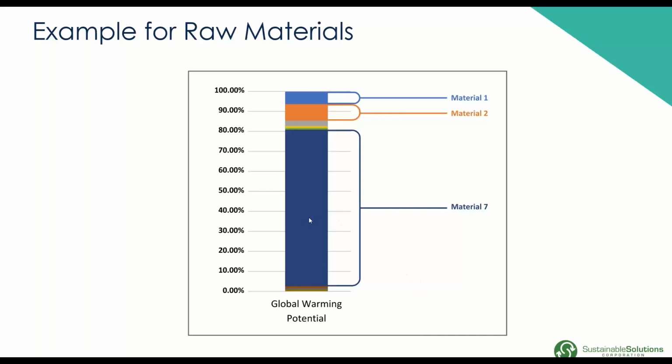Number 1, I better go to the material 7 supplier and say, do you have a PCF or an EPD? I really need your information because this is a huge part of my impact. I'm also going to ask, which we're going to talk a lot more about next week, if I wanted to dive deep on this, what can I do to reduce material 7 in my product and reduce my overall carbon footprint?